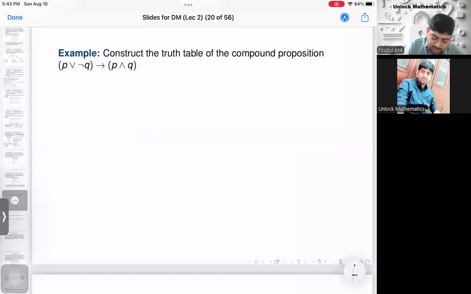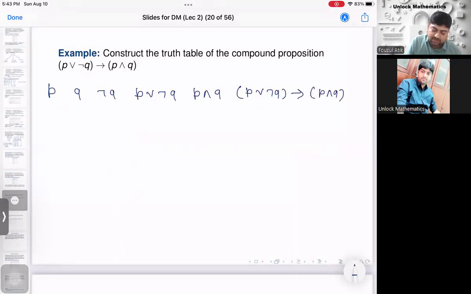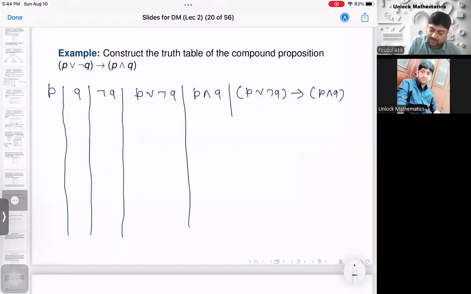Very easy. So P, Q, what else do you require? You require not Q, P or not Q, P and Q, and the last one, P or not Q implies P and Q. It is slightly bigger, but easy as well.